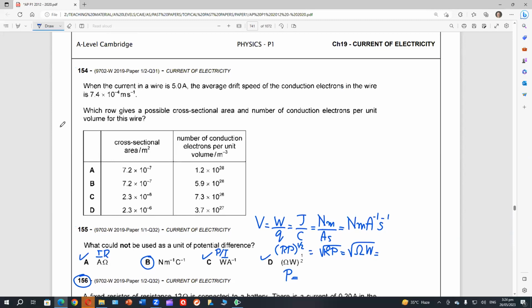When the current in a wire is 5 ampere, the average drift velocity of the conduction electron in the wire is this. Which row gives a possible cross-sectional area and a number of conduction electrons per unit volume for the wire?